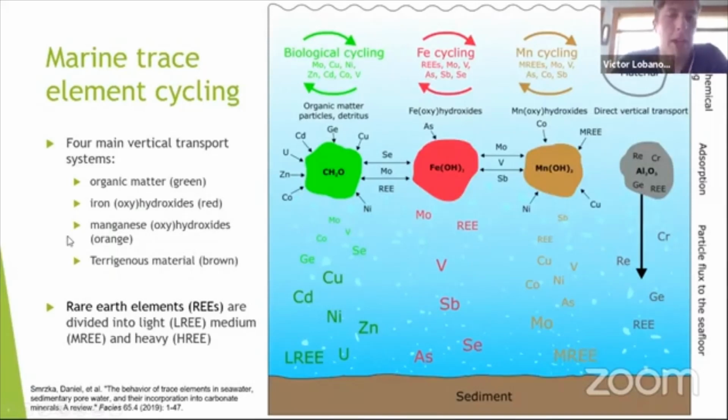Manganese, which tends to be quite absent in fish waste, but we know that it's very important for trace nutrients in plants and microbial systems. And then terrigenous, which basically just means rare earth minerals, they also play an important role. So something like aluminum, for example.